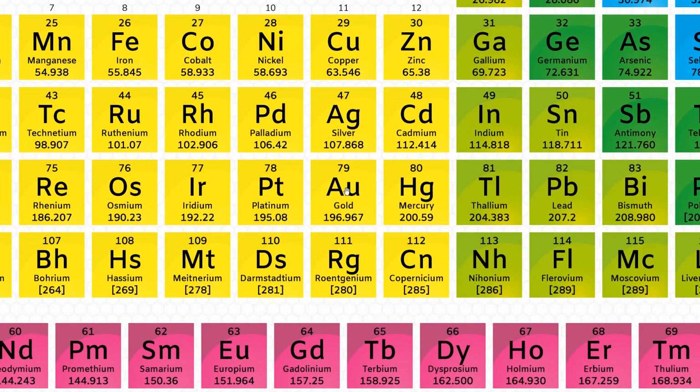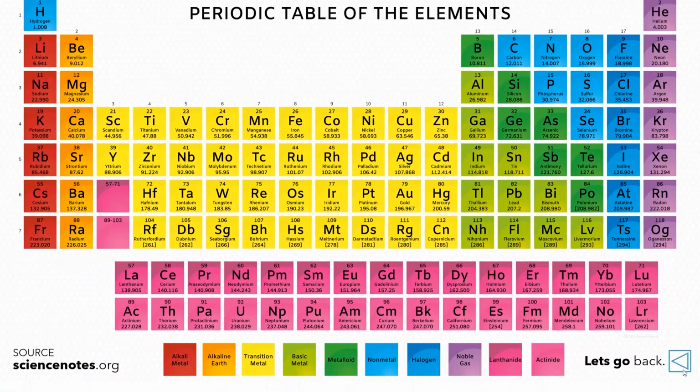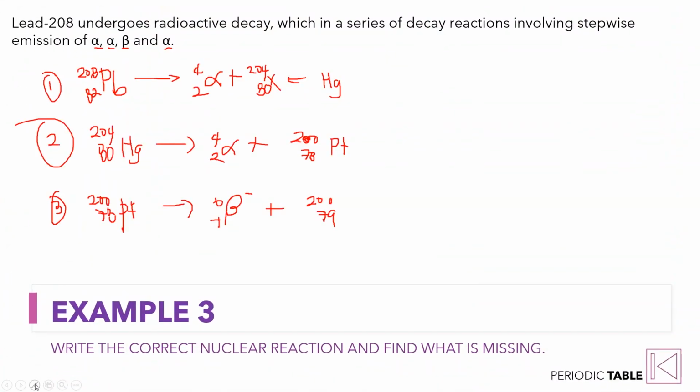Gold. A. So, trivia lang ano. Bakit kaya A yung gold, hindi Geo? Kasi yung gold ay nanggaling sa Latin name na aurum. Trivia.